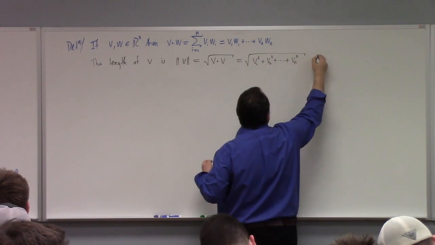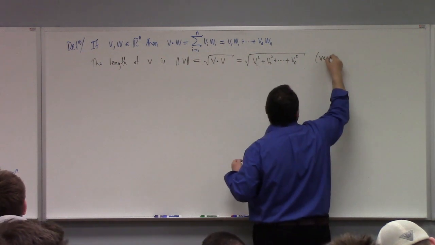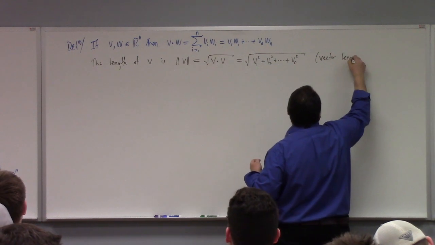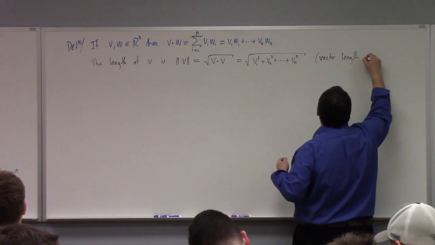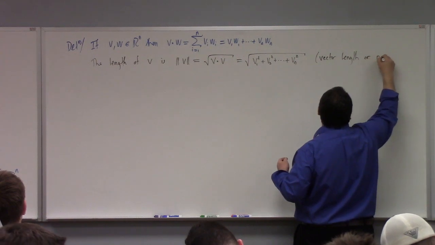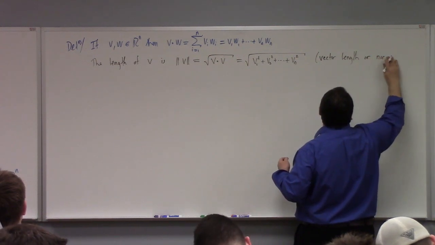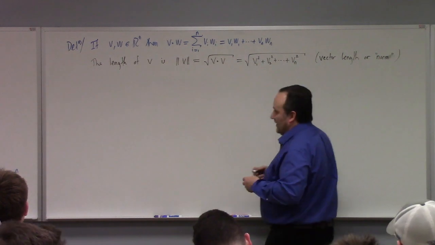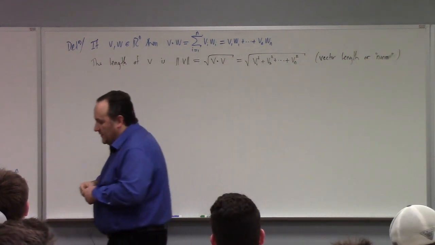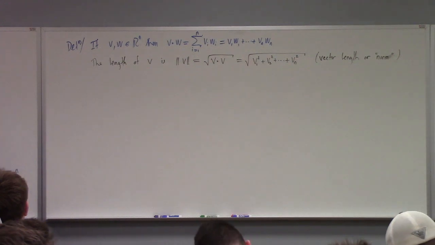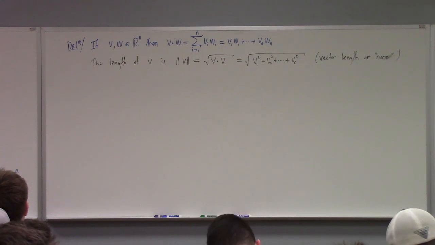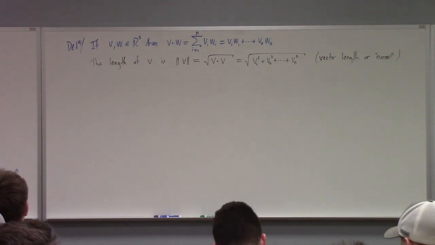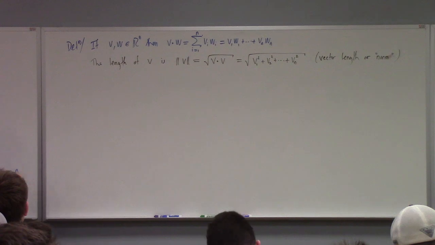This defines vector length, right? Or, as we call it in linear algebra a lot, in higher math, we'll also call it the norm of the vector. Geometrically, this is the distance from the origin to the terminal point in the directed line segment we identify geometrically as the vector.